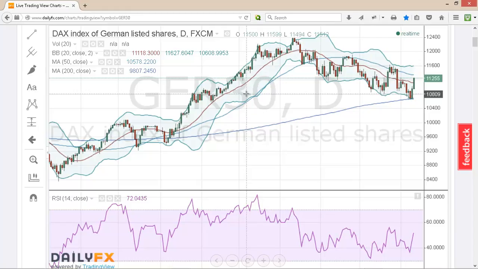So essentially, if the price is normally distributed, it should remain within 2 standard deviations, I think 96% of the time.